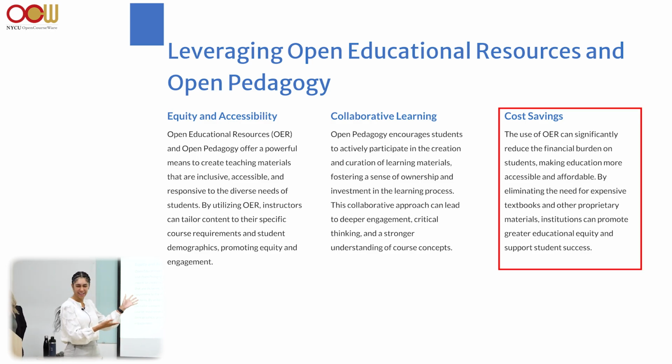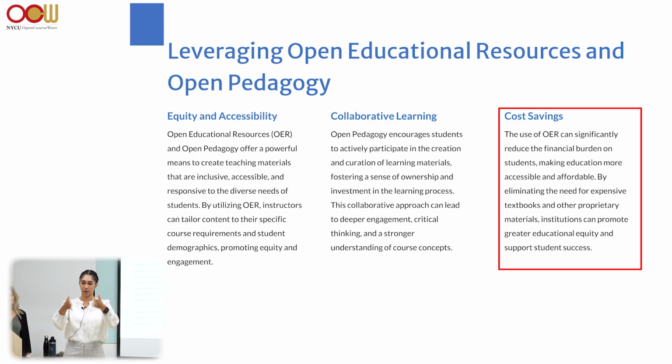And then again, I mentioned this, but the cost savings. This is really important for all students. University is really expensive in the United States. Textbooks are very expensive. We all know it's expensive to live. So any opportunities where we can reduce costs, what that really increases is students' ability to focus. If they're less concerned about how am I going to buy the textbook, can I buy the textbook, how am I going to learn the material, what do I do? Instead, they're not worrying about that.